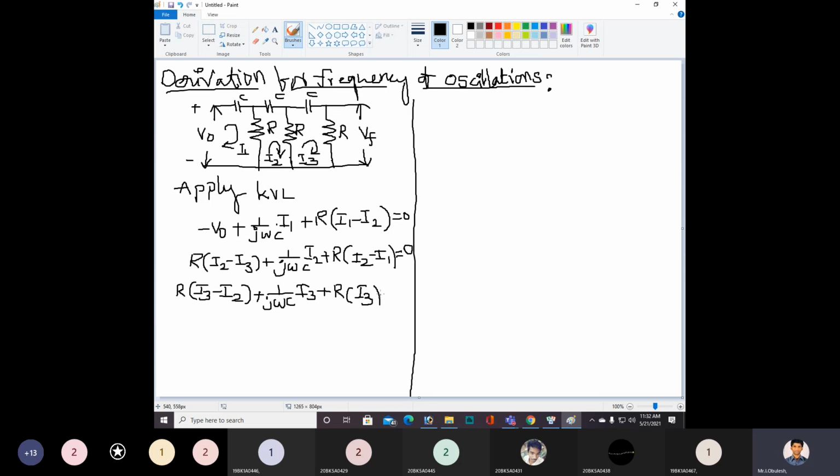Yeah, I3 only. We don't have anything else, equals 0. Yeah, now we need to see carefully.